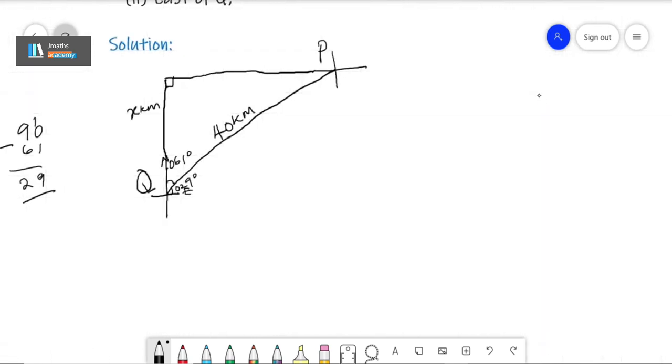Remember, to find x kilometers, we use the SOHCAHTOA rule. We know this side to be our hypotenuse, this side to be our opposite, and this side to be our adjacent.